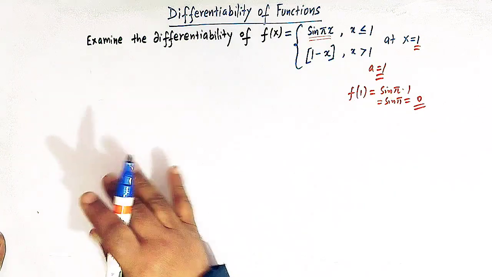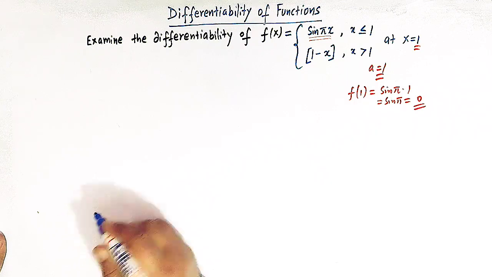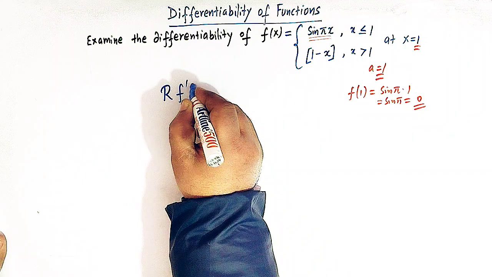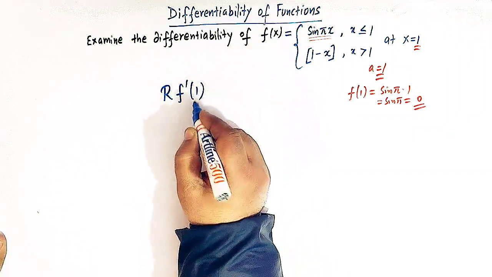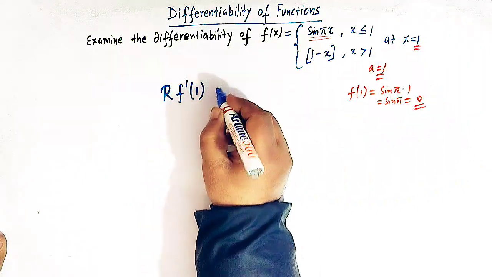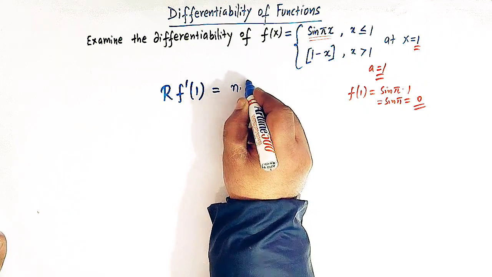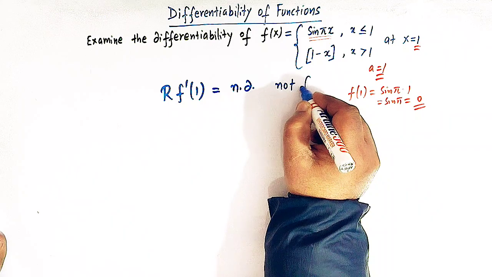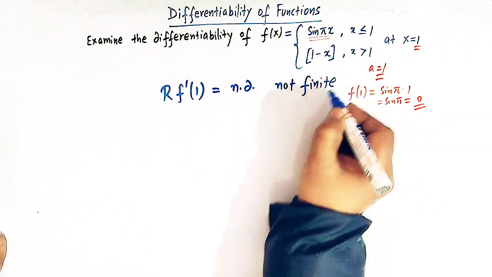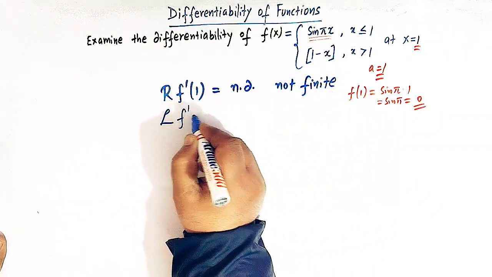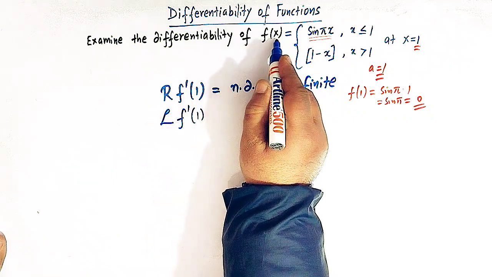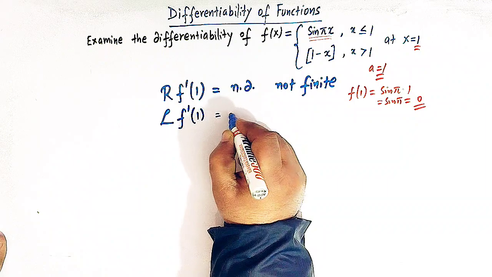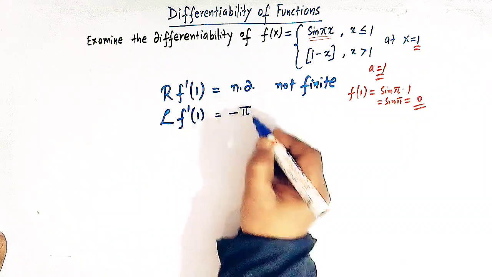So, viewers, from this discussion, we have seen that the right hand derivative of the function f of x at x is equal to 1 is not defined, right? It means it is not finite. And the left hand derivative of the function f of x at a is equal to 1 is equal to minus pi, right?